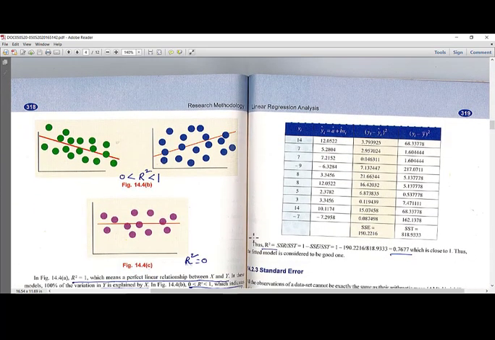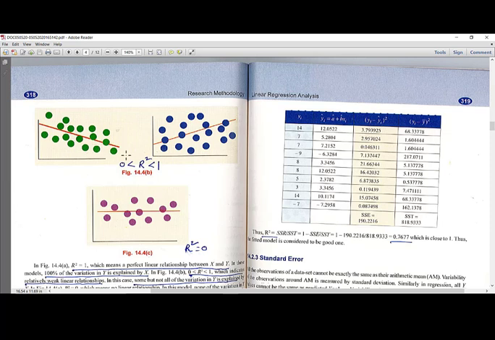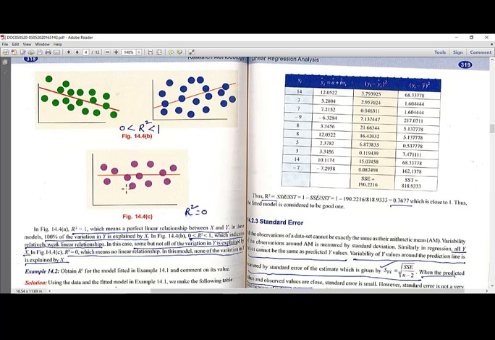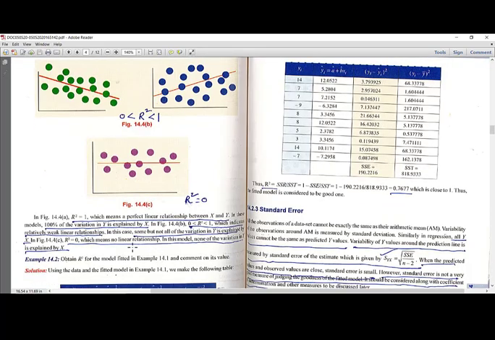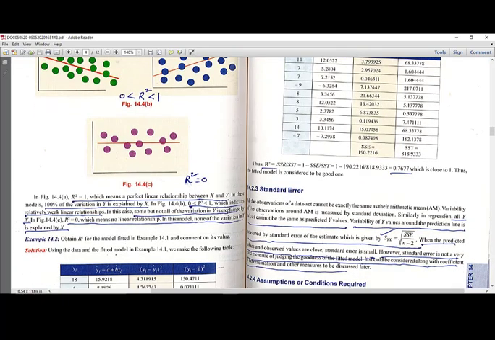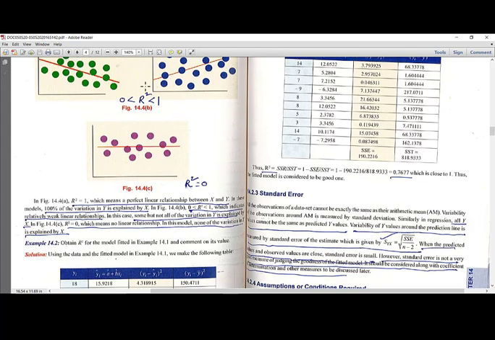Now if we take this figure, R square can take any value between 0 and 1, this figure as well as this figure. But in this figure, R square approaches 0. So R square equal to 1 means a perfect linear relationship between X and Y. In these models, 100% of the variation in Y is explained by X. Here, in this figure, as I have explained in figure 14.4, there are relatively weak linear relationships.